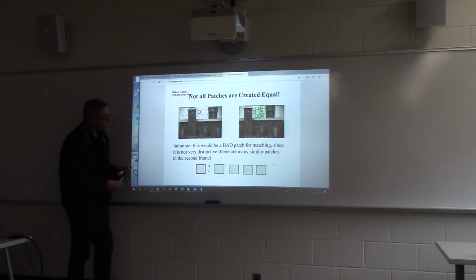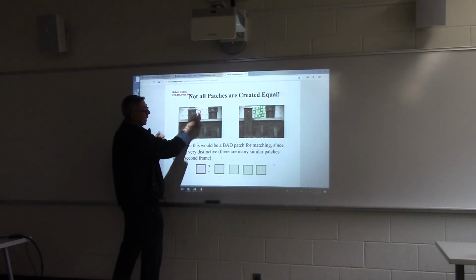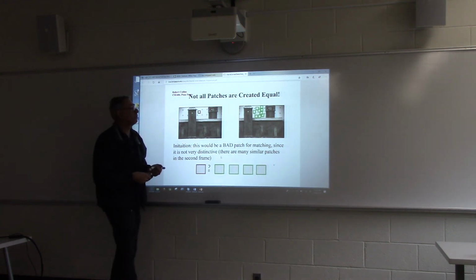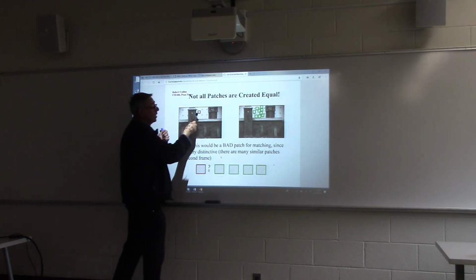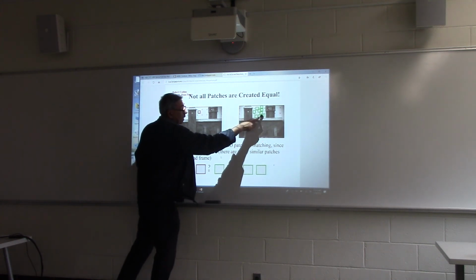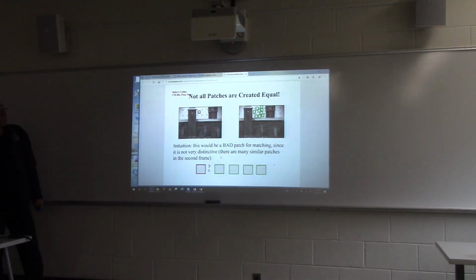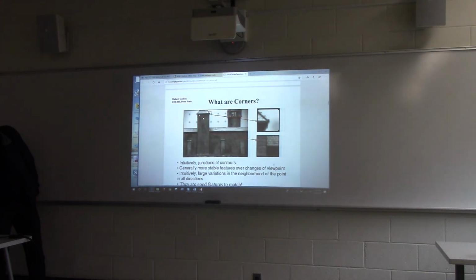For example, in the source image, if we decided this to be the patch, the problem is the background is pretty much the same everywhere, so this will not be a good choice because our algorithm may match it here, here, or here, so we may get very poor vision results, whether our goal is image registration or recognition, whether the two are the same or not. So we won't be able to accomplish it. The choice of a patch is important.